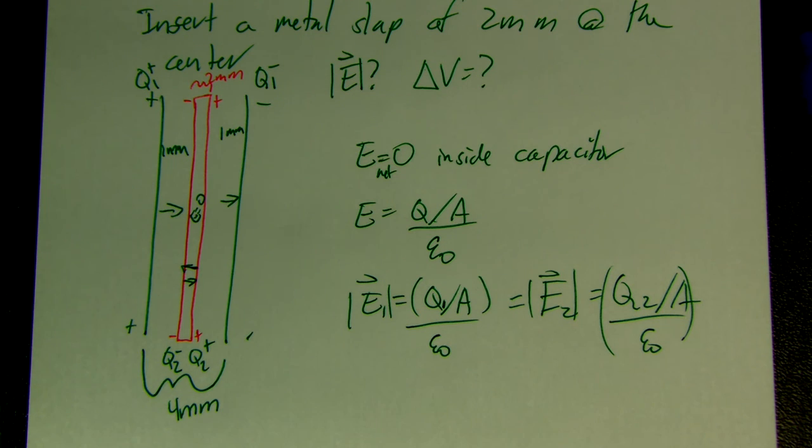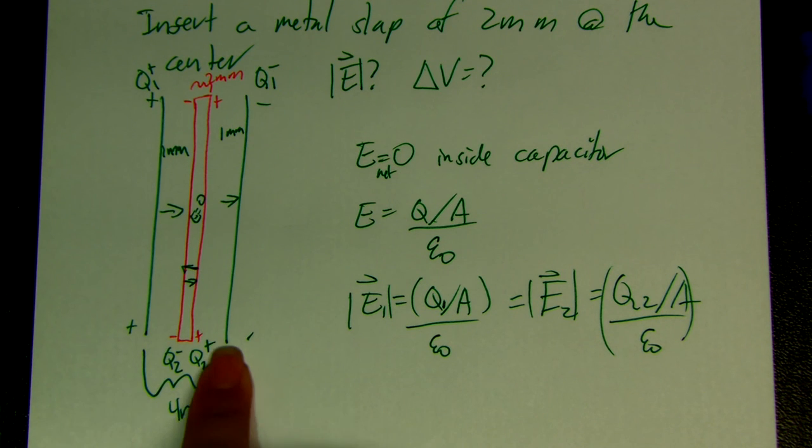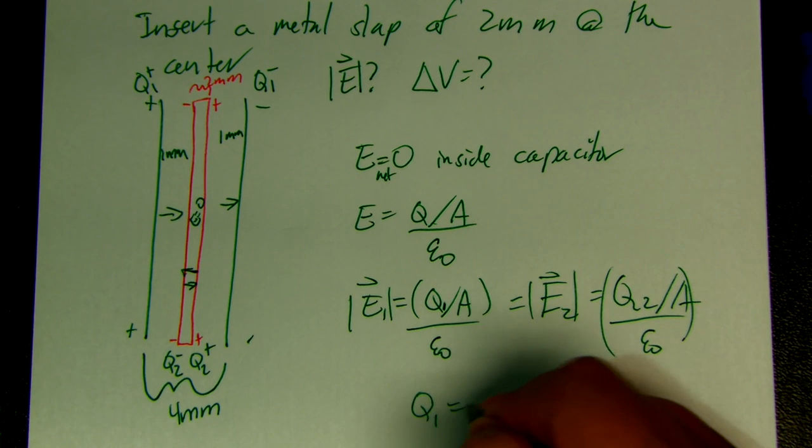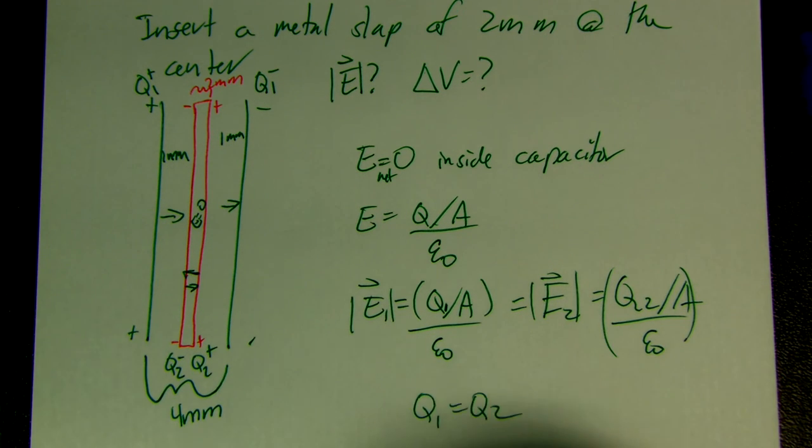So the charges on the outside of the metal slab that was inserted into the capacitor must be equal to the charge of the two plates. And that enables the metal to be in equilibrium. So Q1 is equal to Q2.